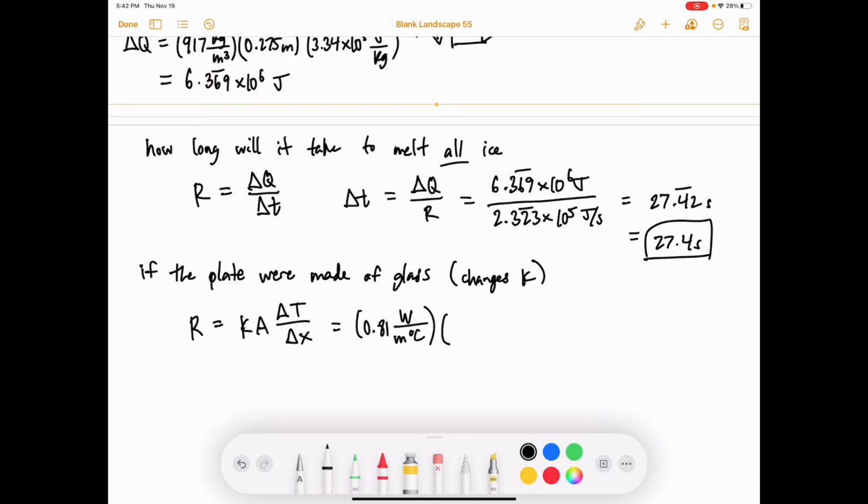A is the same as before, it's just the area, 0.275 meters squared. And then the temperature difference is the same as before, 175 degrees Celsius minus 0. And then delta X, the thickness, is the same as before, 1.35 times 10 to the minus 2 meters.